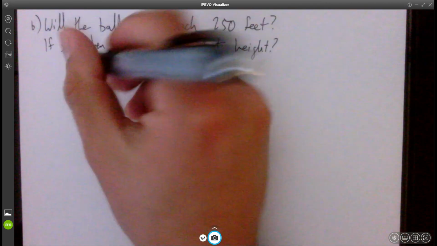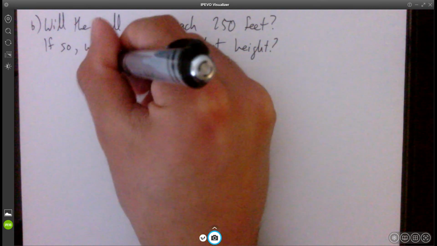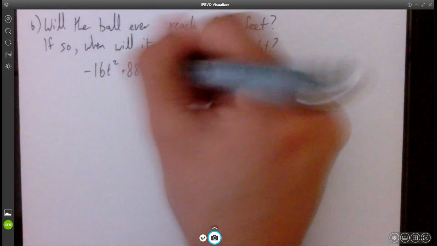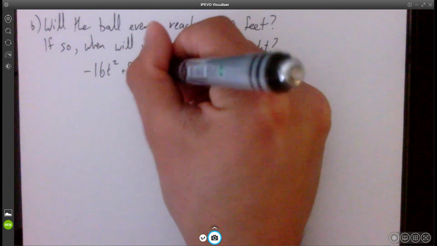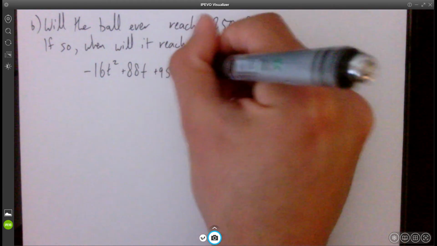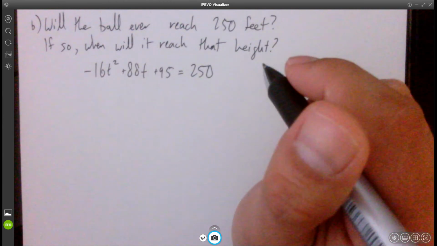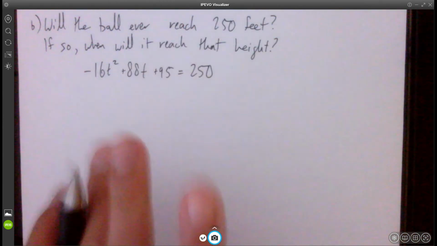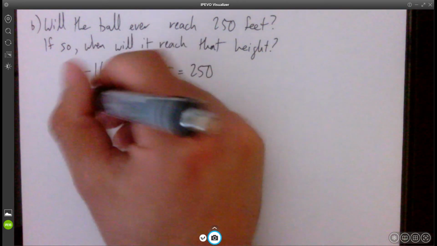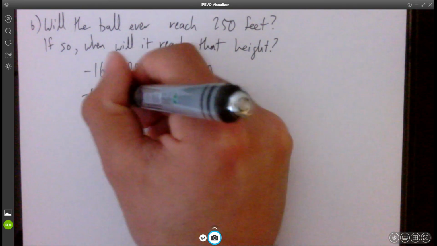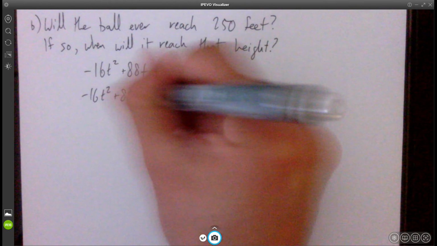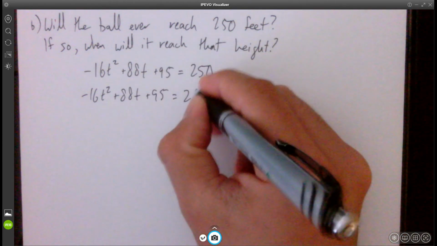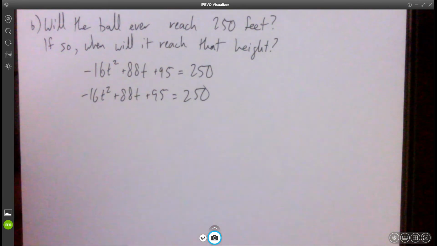Let's take a look at our function. Our original function is negative 16t squared plus 88t plus 95. I want to know if it'll ever reach 250 feet. So I'm going to move all of my terms to the right side of my equation so that I have a positive leading coefficient.